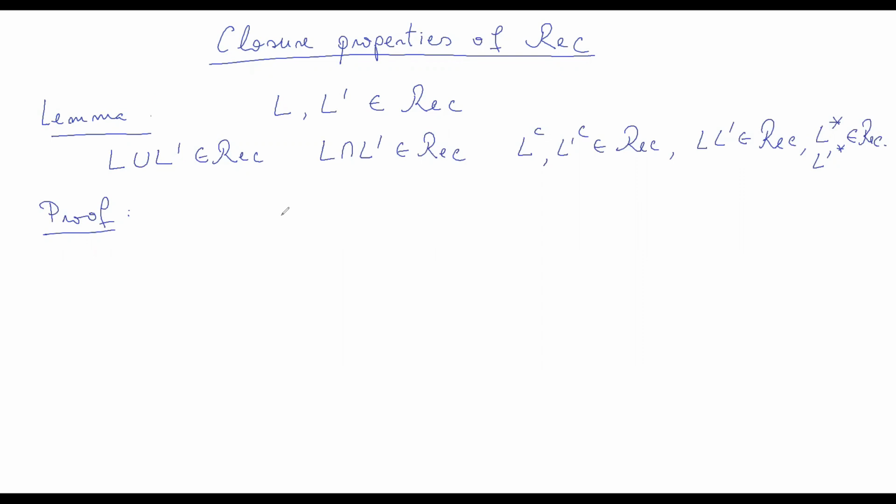So, to start the proof, I'm going to say, well, since L is a recognizable language, this means that L corresponds to the language of some deterministic finite automaton A, which could consist of states Q and input alphabet sigma, and maybe you have this transition function delta, some initial state Q0 and some final states.